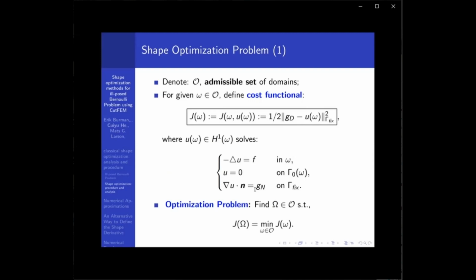So the original problem is now transferred into this PDE constrained minimization problem. Find omega in the admissible set such that it is the minimizer of the cost functional.